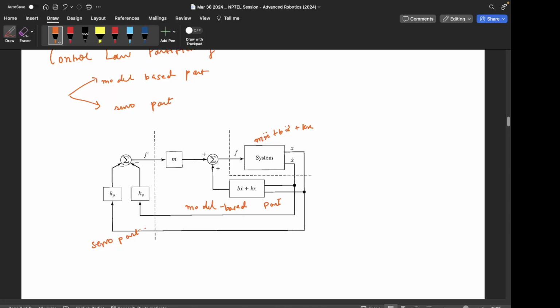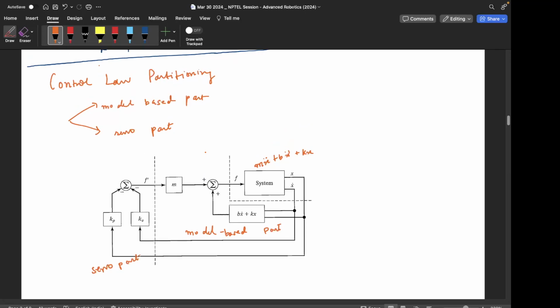So the aim, as I was mentioning, the model based part uses the system parameter knowledge to contribute to the control input, and here the system parameters are m, b and k, and the servo part is independent of that.